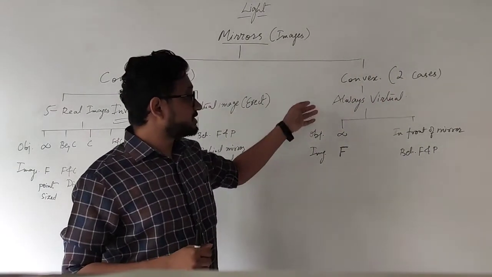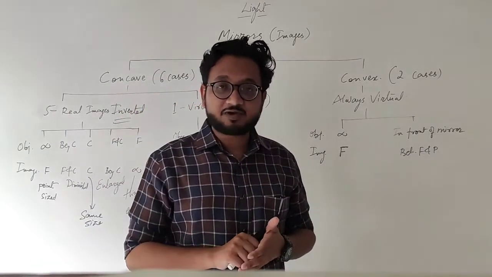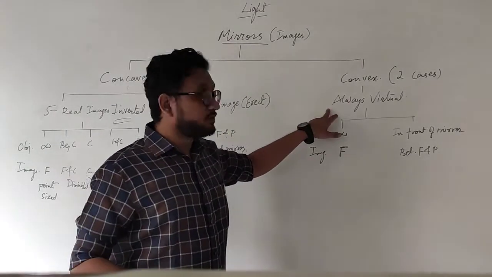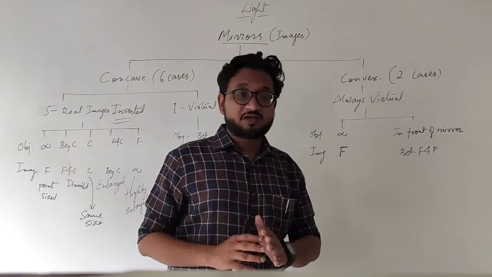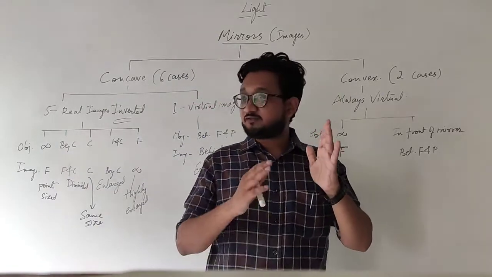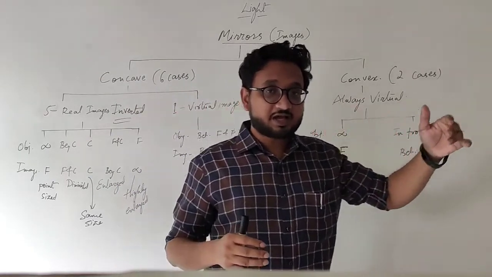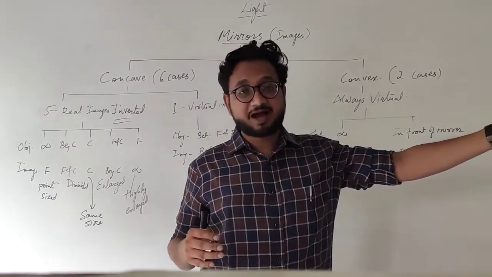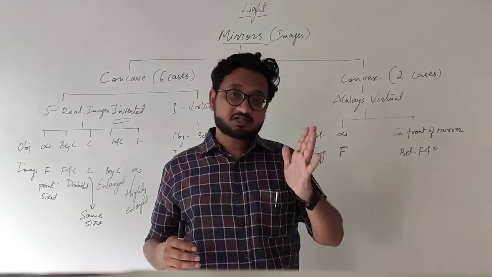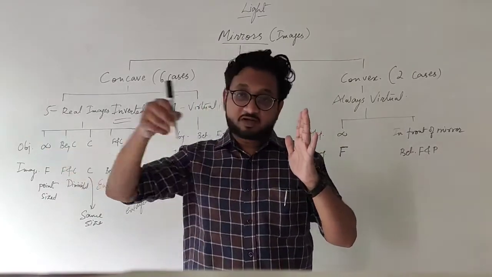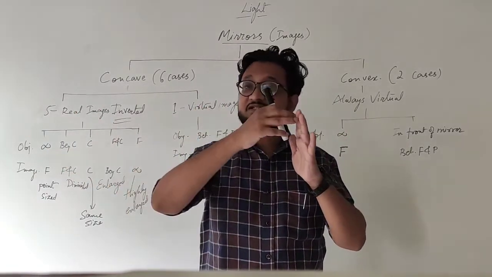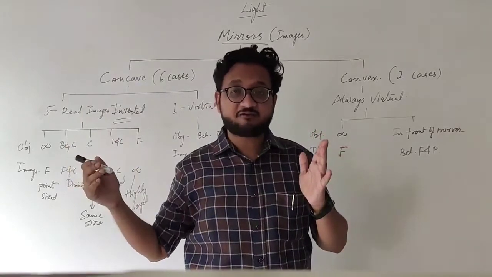Now the convex mirror is very easy. For the convex mirror there are only 2 cases, because when we keep the object in front of a convex mirror, the focus and center of curvature are behind the mirror. Because it is a diverging mirror, whenever you place the object in front of it, the rays are always diverging, they never meet.